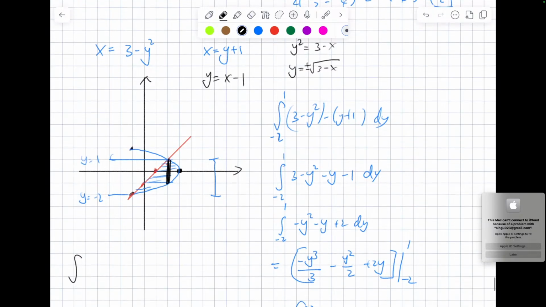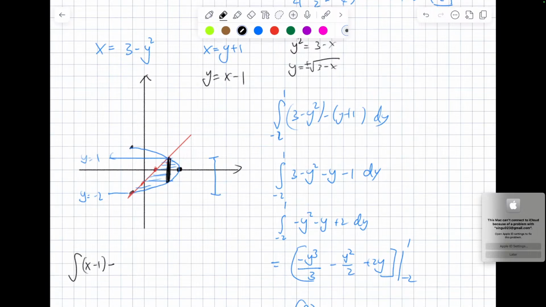So this one will be x minus 1 minus, and it's going to be x minus 1. It's going to be minus negative square root of 3 minus x. Why is it minus?